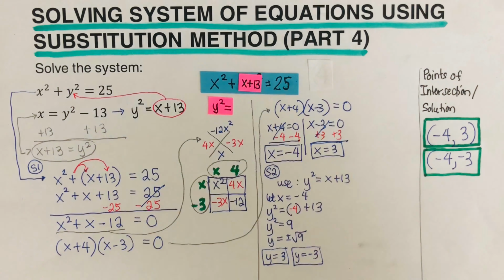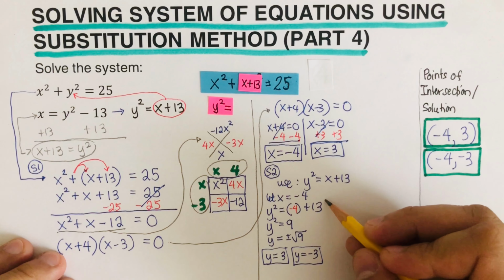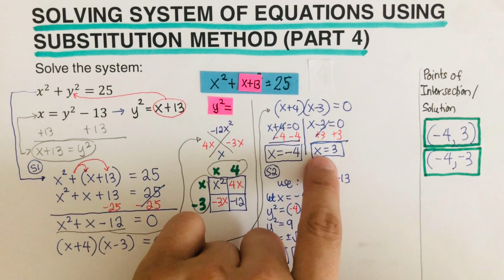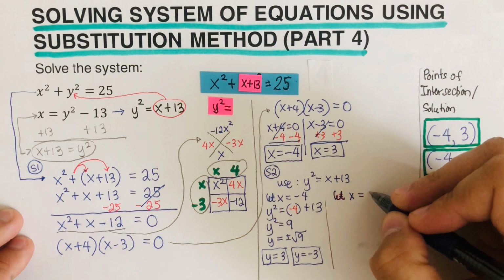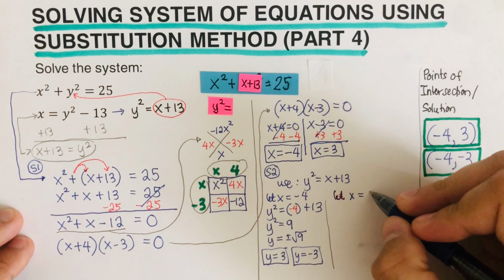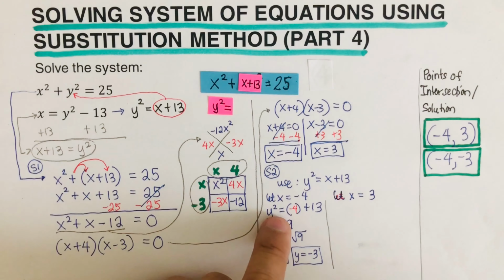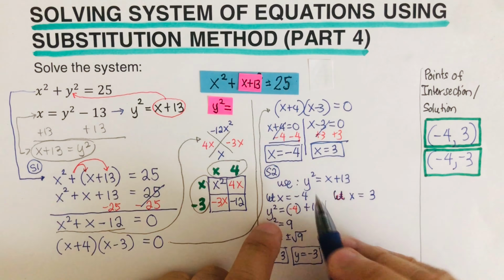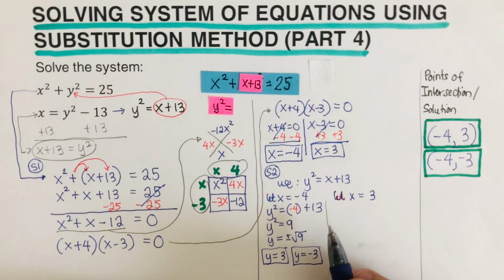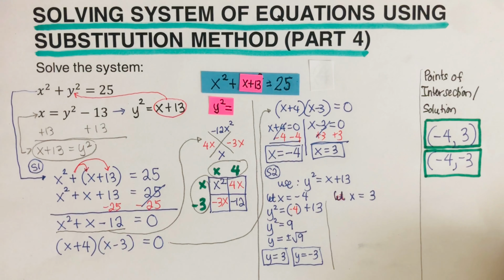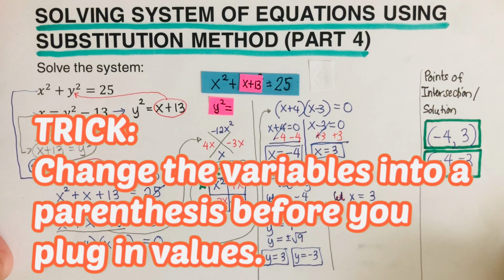Now let's have the other points of intersection by solving for the other x, which is 3. So that's gonna be let x is equal to 3. That's the other x value. So I can go ahead and rewrite the equation right here. So we're using this equation for step 2. So then remember, when we plug in values, we always change the variable into a parentheses before we plug in values.